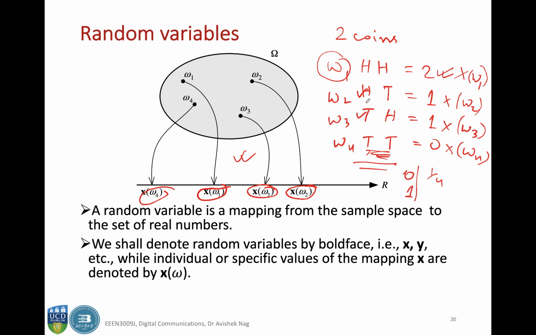So you have 2 out of 4 possibilities, so that will be 2/4 or half. And what is the probability of getting 2 heads when you toss two coins? That will be again 1/4. So then this is your x of omega, and this is your probability of x of omega.